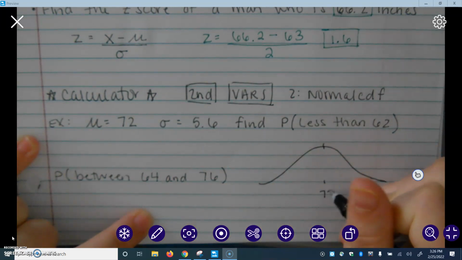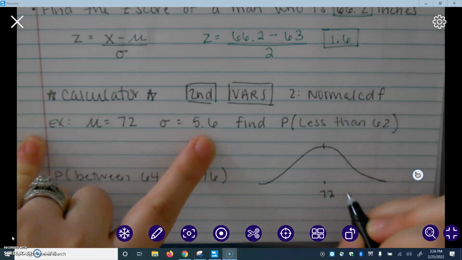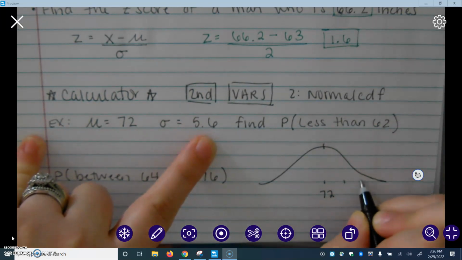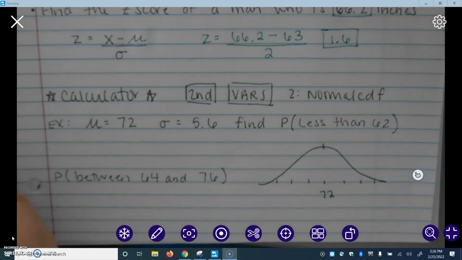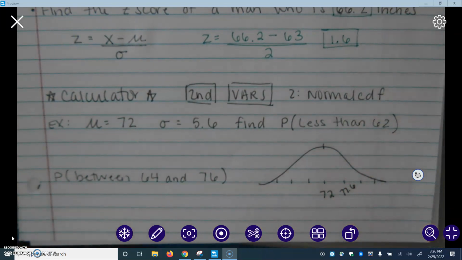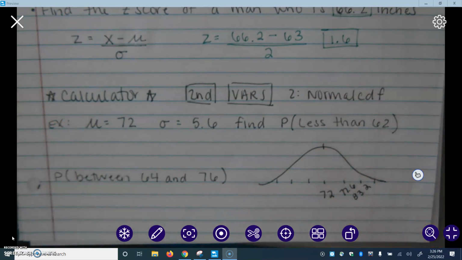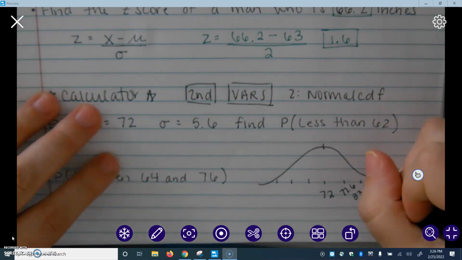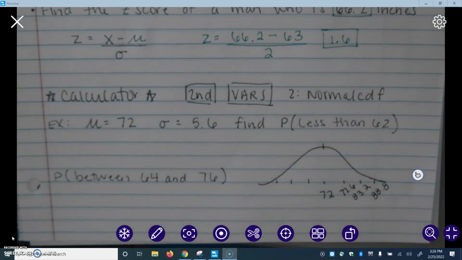So my mean is 72 and my standard deviation is 5.6. So I am going to do this quick just so I can visualize. So 3 above, 3 below.